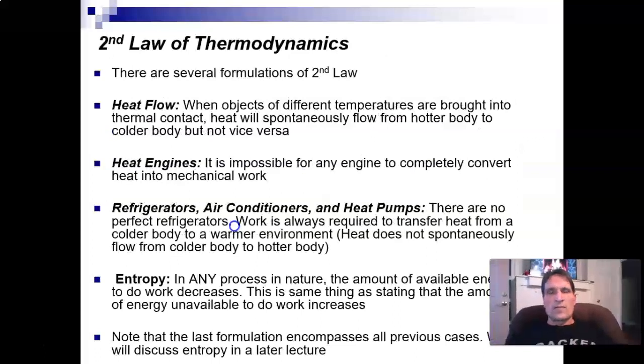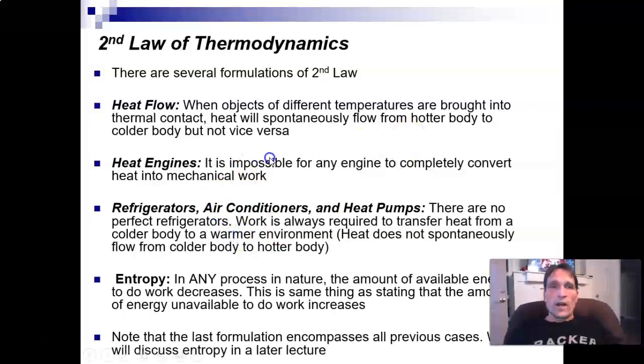There are several different ways that you can write the second law of thermodynamics. They're all equivalent, just different ways of writing it, and basically they all state why processes only go in one direction. One way of writing it is in terms of heat flow.